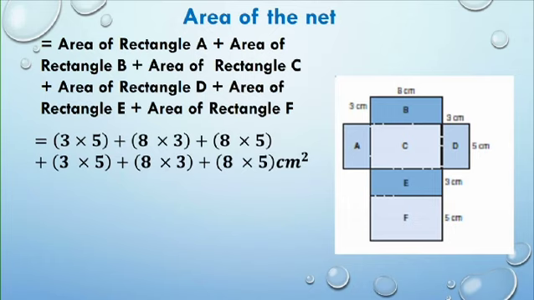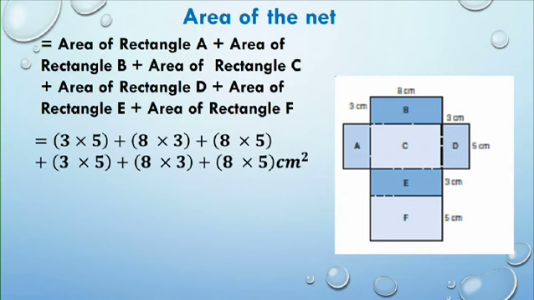Area of rectangle B will be 8 times 3. Area of rectangle C will be 8 times 5. Area of rectangle D will be 3 times 5. Area of rectangle E is 8 times 3. And area of rectangle F will be 8 times 5.